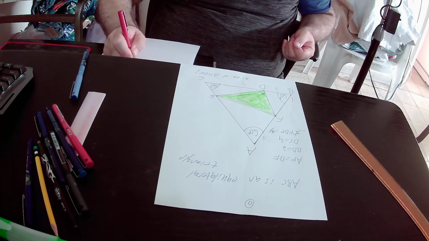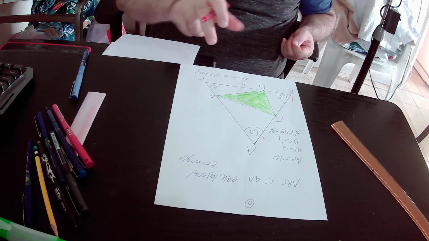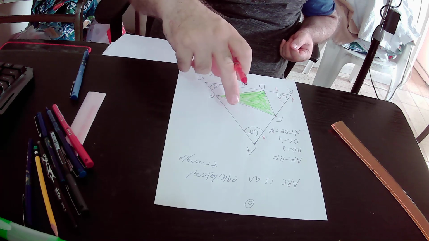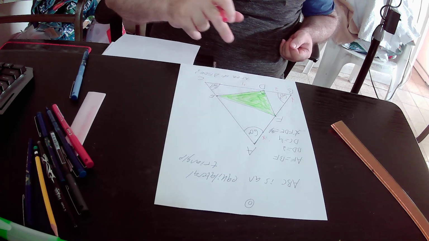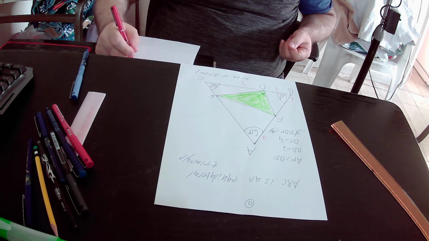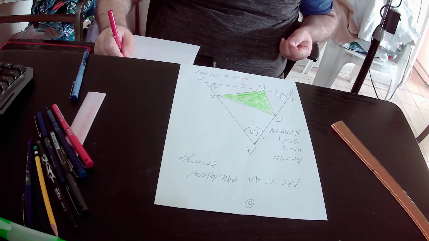But we know that AB also equals 6 units. All the sides of this equilateral triangle ABC equal 6 units.